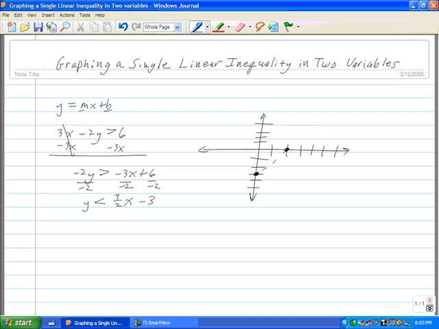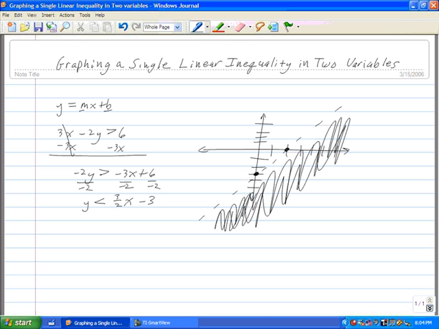Because of that, we connect the dots with a dotted line. That represents the fact that the points on the line itself will not be included in our solutions. It says less than, and I know my symbol is oriented in the right direction, so I will simply shade in the region below the graph to represent the location of my answers.